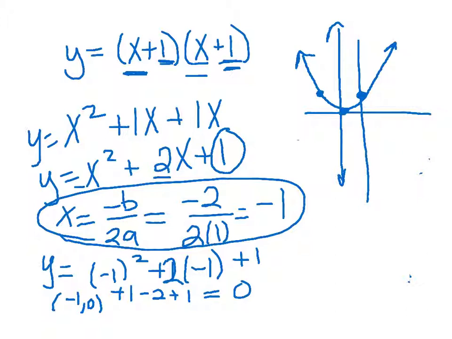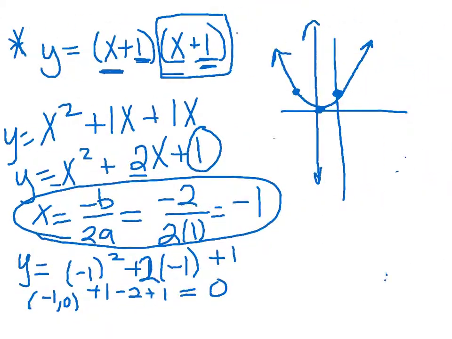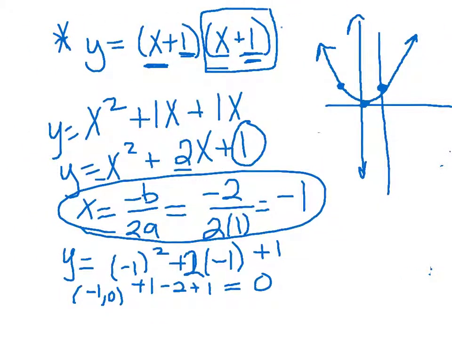Now, let's go back to our first equation up here and look at this. Let's set each one of these to equal 0. So if we do that, let me go ahead and erase so we can have some more room down here. Well, that's not going to help me, is it?